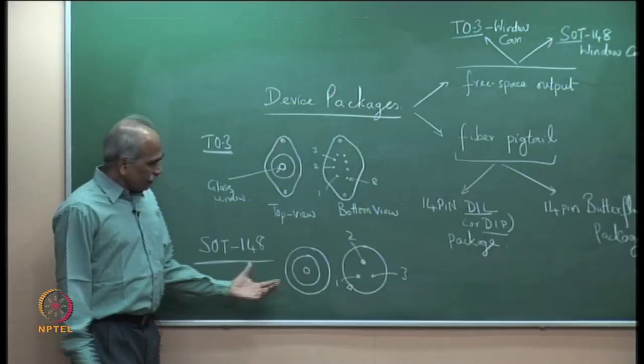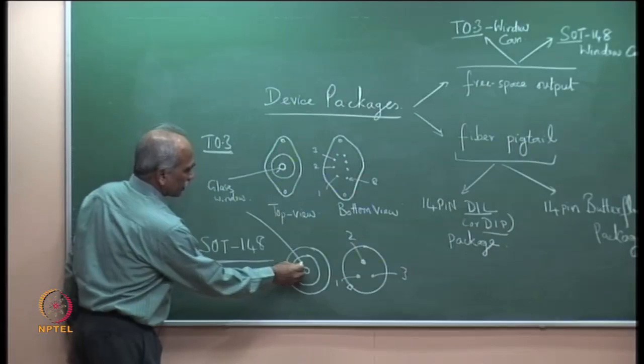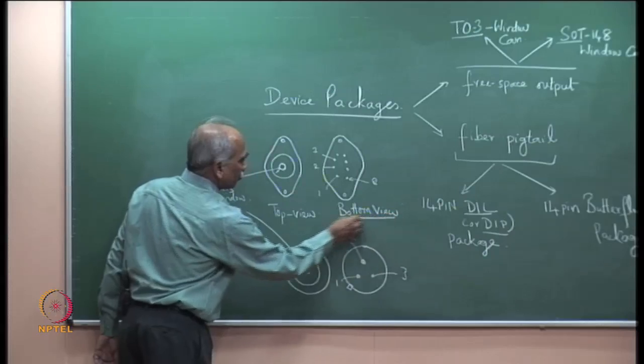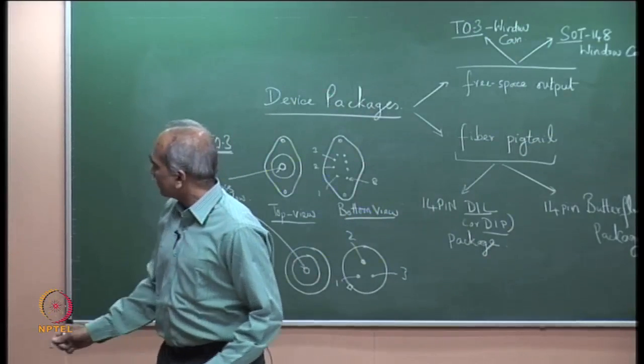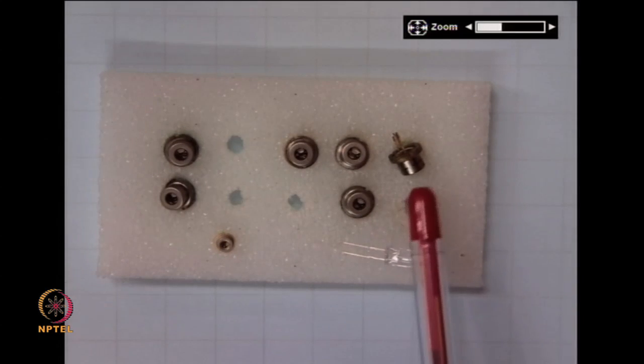This is the top view and this is the glass window as before. Here is the glass window and this is the bottom view. I will show the packages. You can see the packages here. We are not supposed to touch those, but there are 1 or 2 things. What I have kept along with this is a normal LED, a 2 pin light emitting diode, and this is a spoilt one.